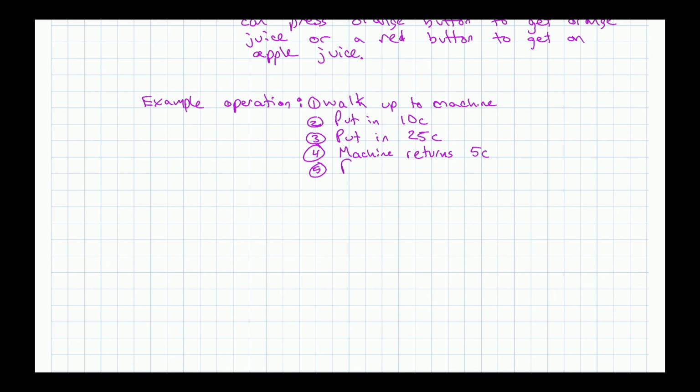Press the orange button. I don't know why I looked at the book to see what button you press. Doesn't matter. Press the orange button. Then the machine should give you an orange juice.